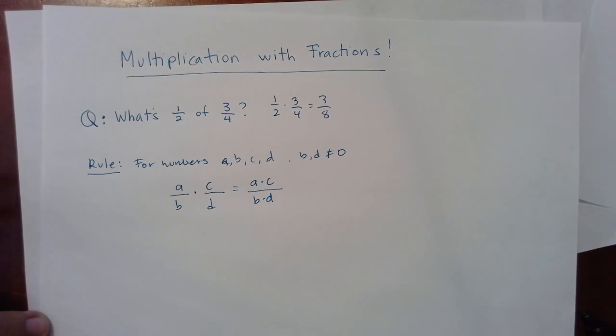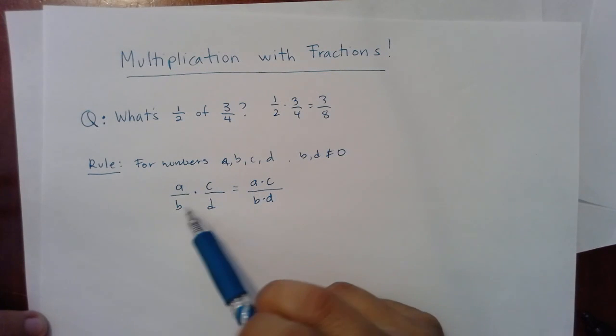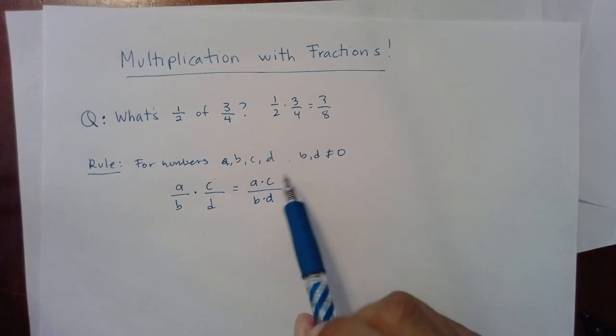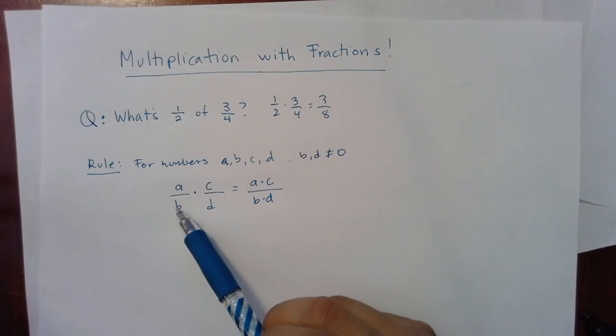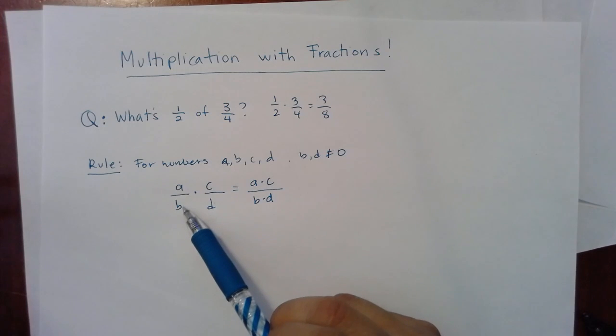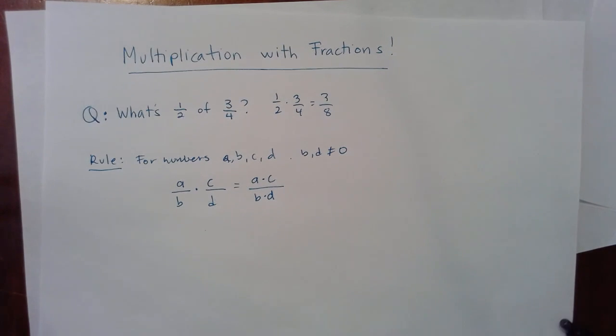Now, why do we have this rule that B and D cannot be 0? Well, remember, in a previous lecture, we discussed that you cannot divide by the number 0, so it's a mathematical no-no.